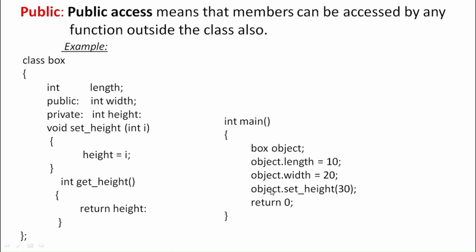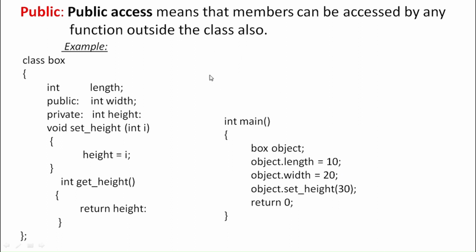Whereas for private, we have accessed it through the member function, that is height is accessed with the help of setHeight and then values are passed. Now you got to know the difference between public and private and how they can be accessed. And this is how a public access specifier works.